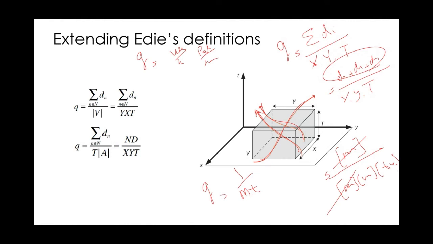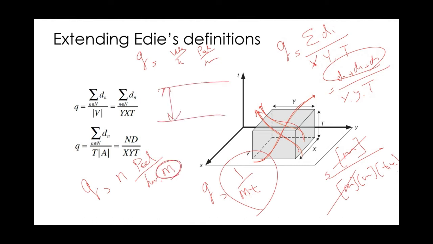But in this case, because we have multi-directional movements, the flow would be, for example, n pedestrians over time, let's say pedestrians per hour per meter. This is basically the width of a corridor that we were talking about.